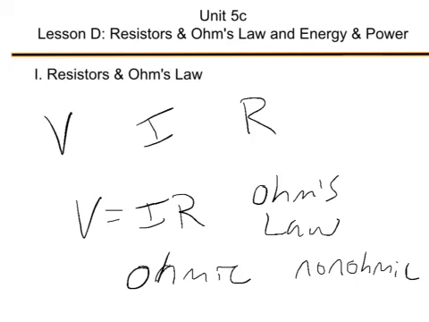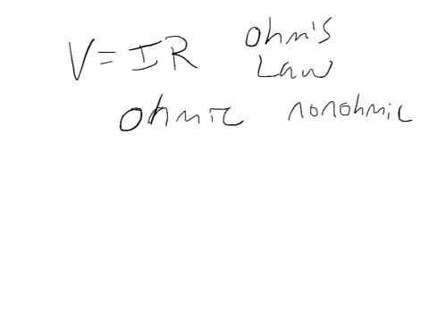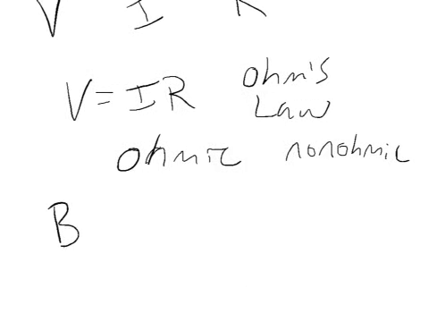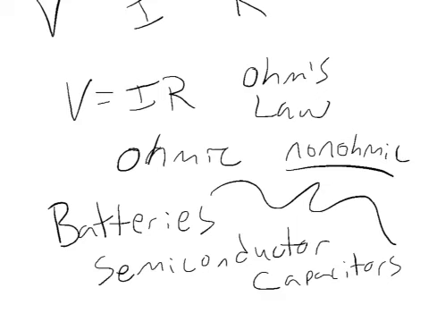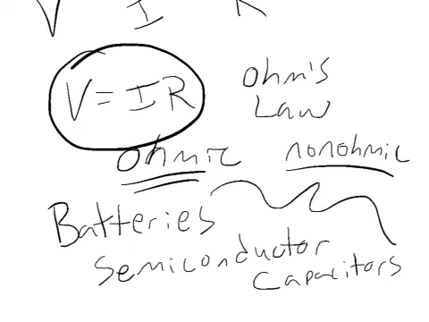Three important examples of non-ohmic devices are batteries, semiconductors, and capacitors. These three types of materials are non-ohmic, meaning that the current through those devices is not directly proportional to the potential difference. As we go into Ohm's law, here we're going to be dealing with only ohmic materials.